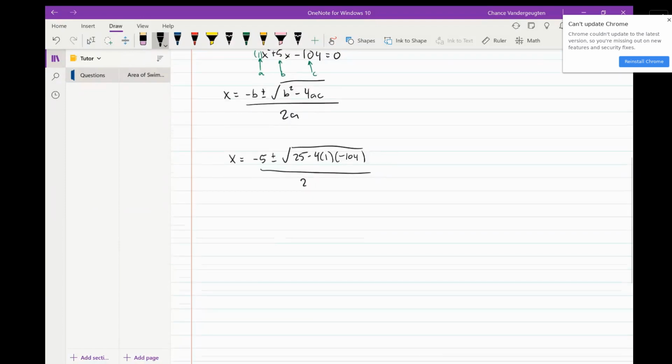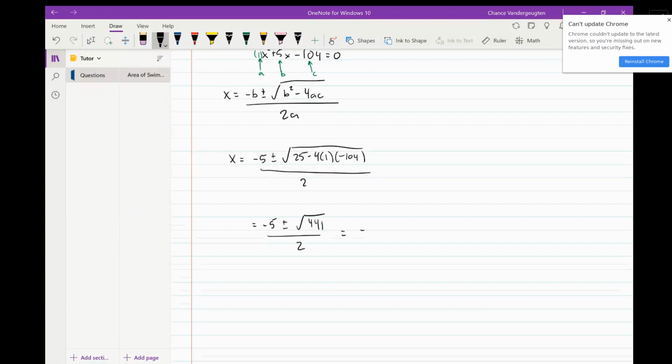So now we have to simplify this guy. We get negative 5 plus or minus, and then if we calculate this, we get the square root of 441 inside over 2.